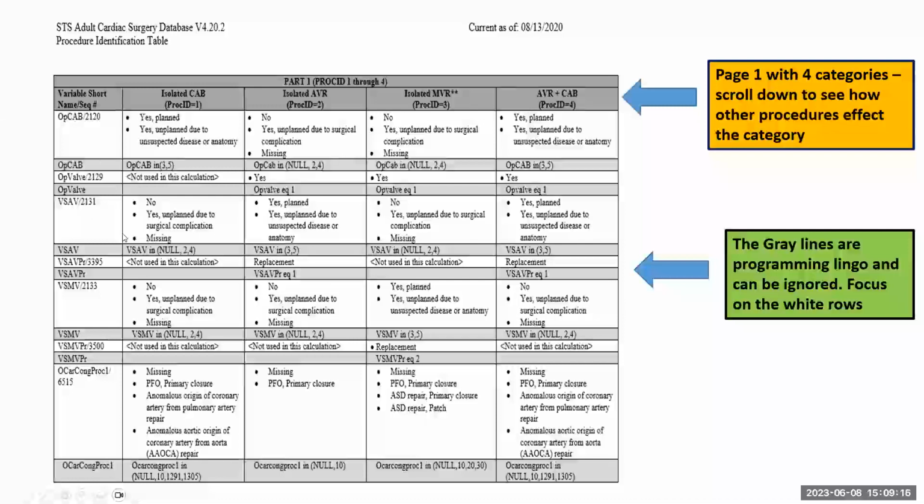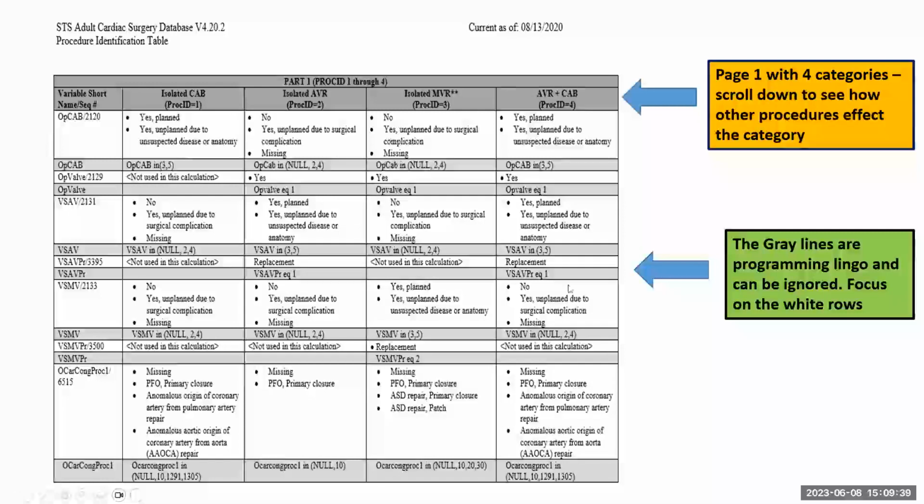So the first several pages of this is part 1, and that's Proc ID 1 through 4. So you can see, we'll focus here on the isolated CAB, that this is all isolated CAB going up and down.